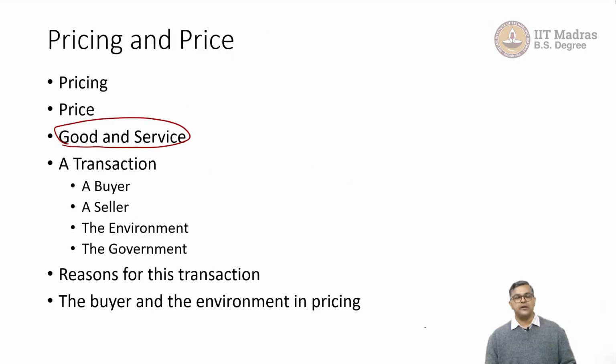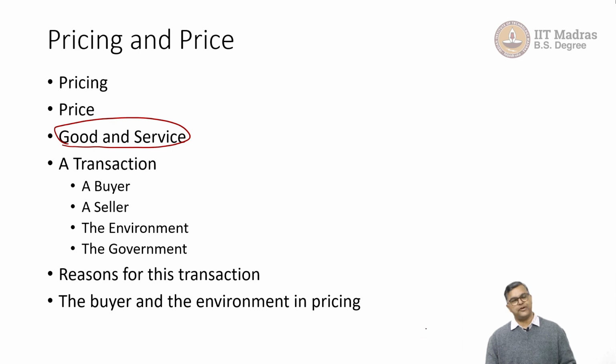But if this apartment complex owner is not the only owner in the vicinity, there is someone else who is renting, then this owner has to think about the rent charged by the other owner. Otherwise, this apartment complex owner would lose all the customers. So, environment also plays a very important role.